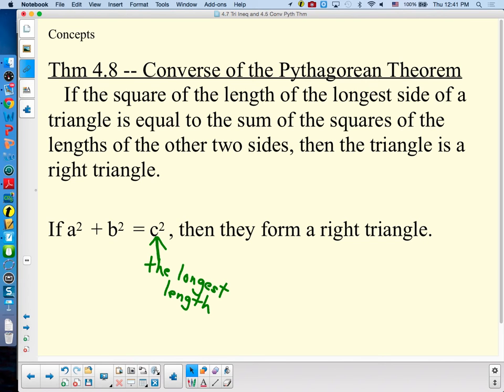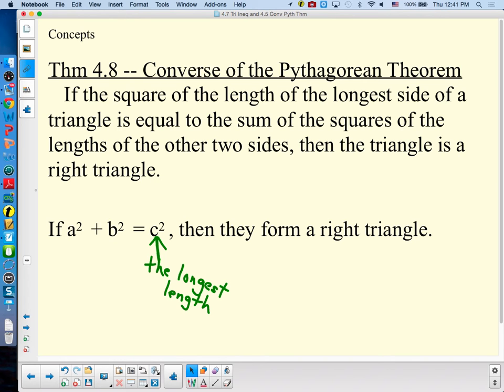Are you writing just the bottom part? No? Okay. Why don't you jump to just this bottom sentence? While they're finishing their notes, let's do one.